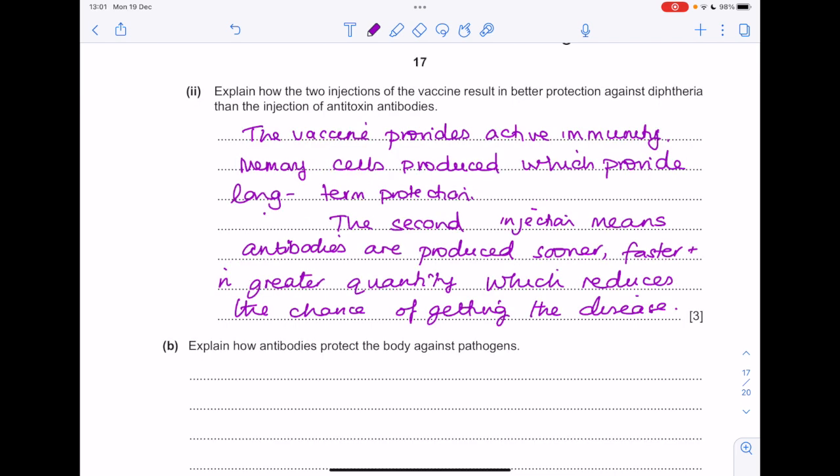And then the second injection means that antibodies are produced sooner, faster, and in much greater quantity, which reduces the chance of getting the disease. So remember that second part of the graph where the number of antibodies was increasing greatly.